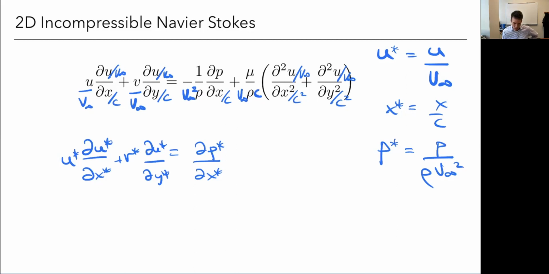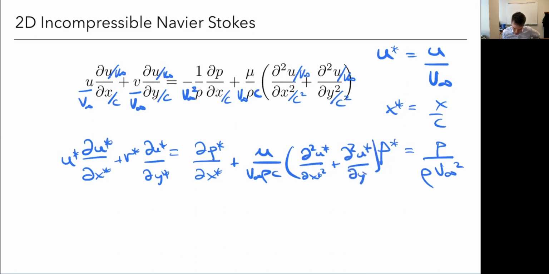So what's left over is mu, and then this is all non-dimensional: U star, x star squared, U star, y star squared. I'm sorry, that's a little bit messy, but we can take away our conclusion now.